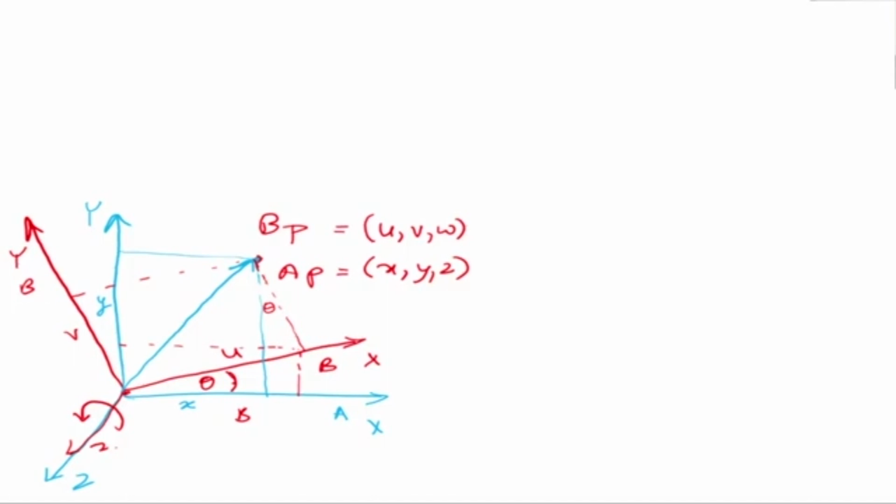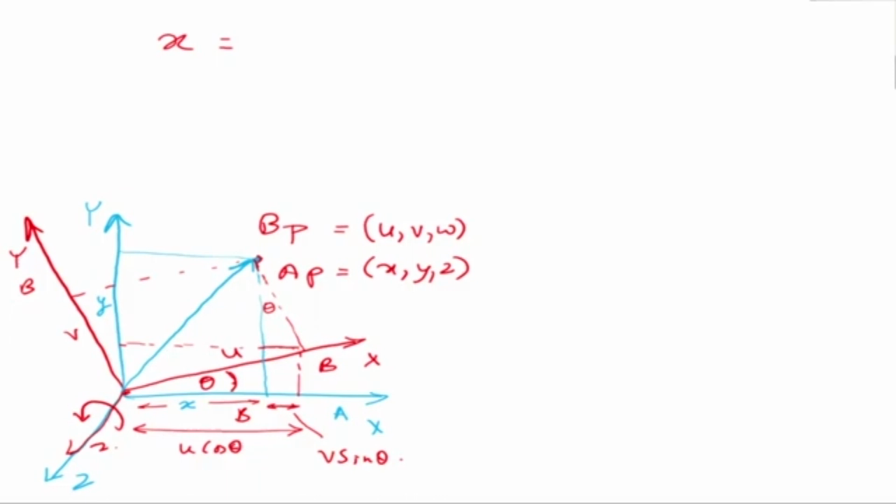So x is equal to... what is x? X is this length, which is this one. So x is equal to this total length, which is equal to u cos theta, minus this small length, which is equal to v sin theta. The construction I've made is this triangular construction, and this is my angle theta.